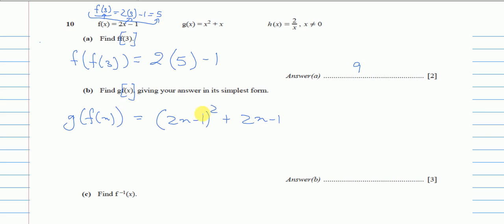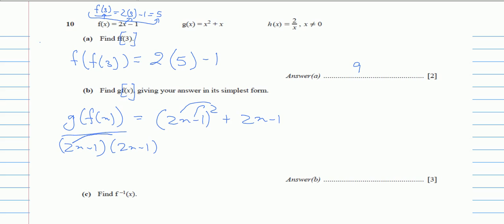Remember, whenever you are opening a bracket with a square, do not just square this one and square this one and say it's done. No, the safer way is by doing it this way. Write 2x minus 1 and then again write 2x minus 1, because that's how it became a square, right? You might open the bracket using the formula, but if you do not know the formula, this is the easier way.